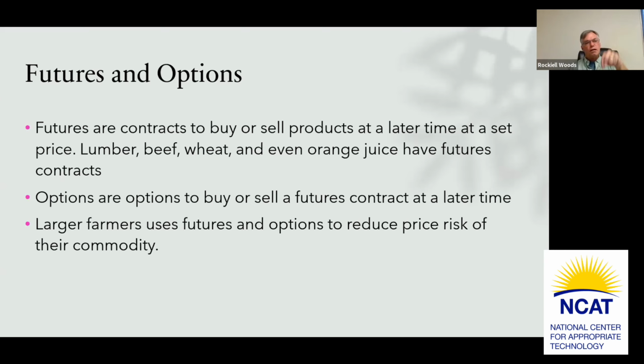Then when you sell your real corn in November, you get a certain price for it. But then you buy back your futures contract to close it out. Remember, you sold in the spring on the futures, now you buy it back, so that zeroes out that contract.